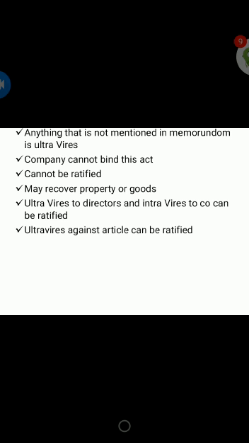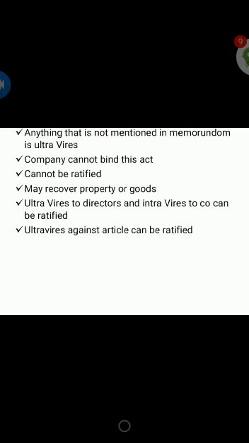Whatever money was received by the company from the person XYZ is used for the ultra vires transaction. Now the person XYZ cannot recover his money, because the company is not bound by it, right? The third person cannot recover his money.